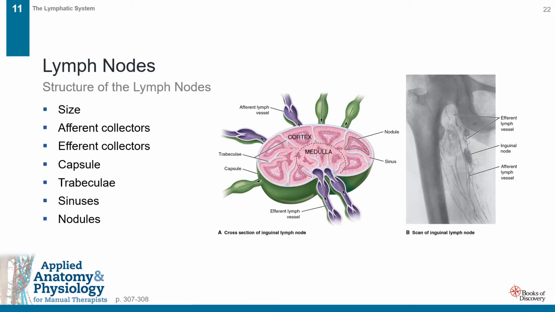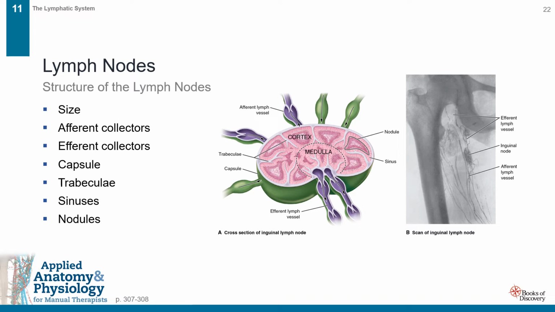Let's now consider the structure of lymph nodes. Lymph nodes may be round, elongated, or bean-shaped. They are 0.4 to 0.8 inches in size. Each node has several afferent, which means inward flowing, collectors with one-way valves that carry lymph into the nodes, and fewer efferent, which means outflowing, collectors that carry lymph out of the node.